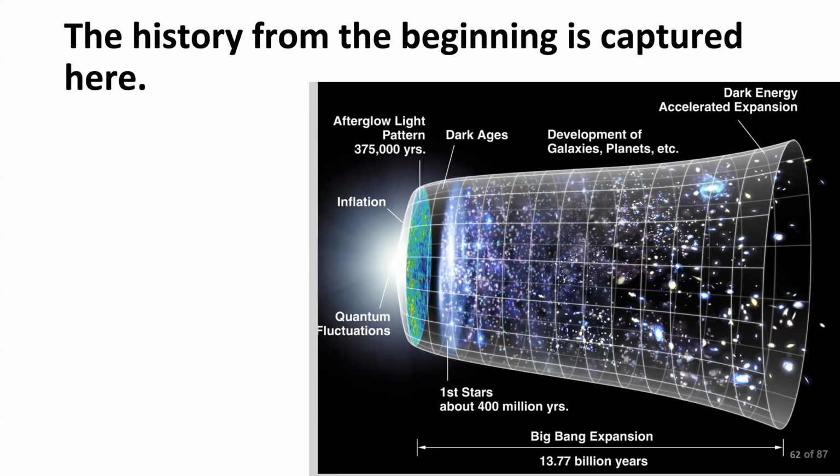eventually atoms started forming. Because if you put an atom in an extremely hot environment, the intensity of the light will break the atom apart. It will ionize the atom. So in the early universe, atoms could not exist. It took about 400,000 years before the temperature in the universe dropped to a point where hydrogen could form.